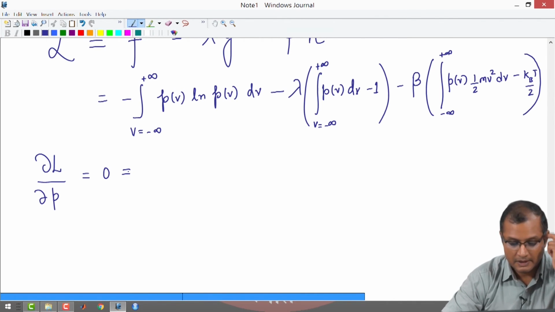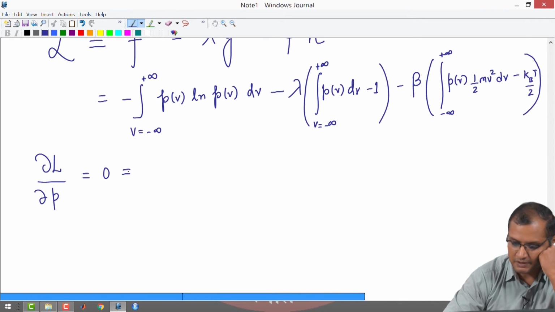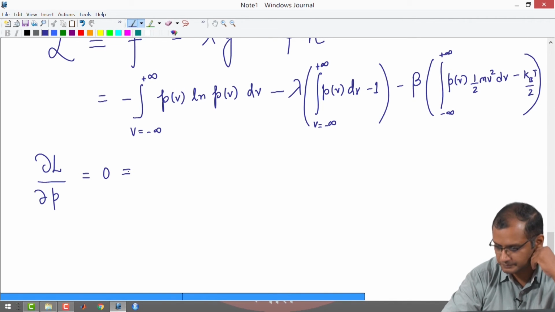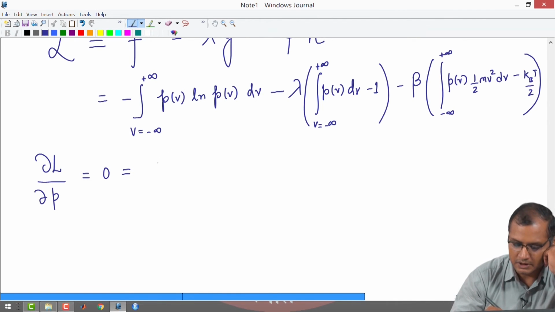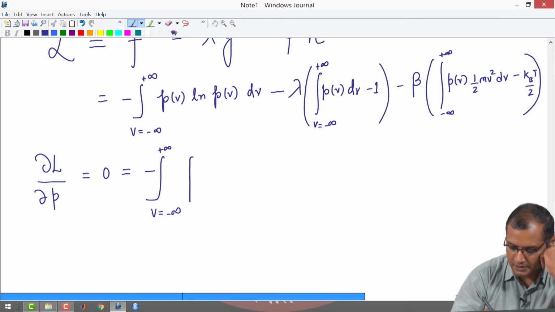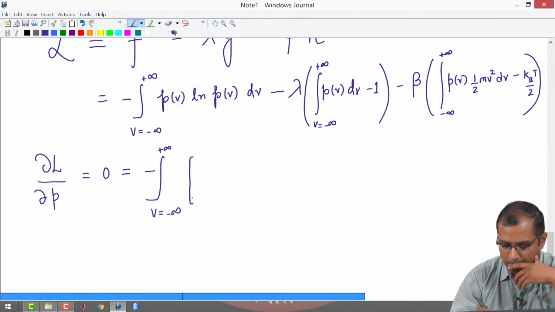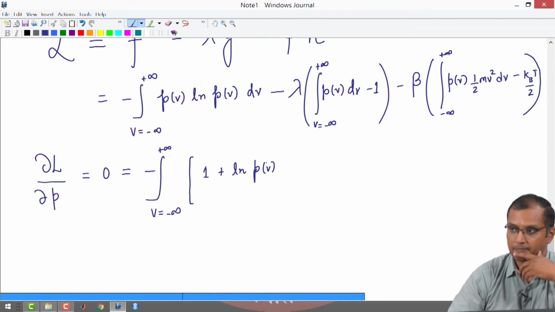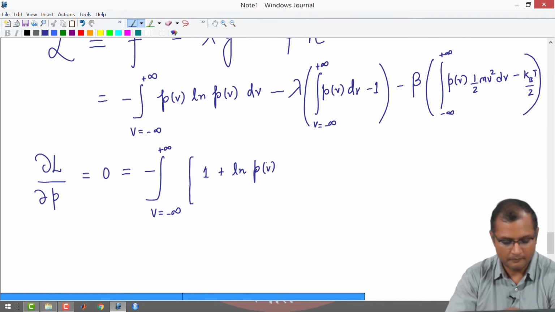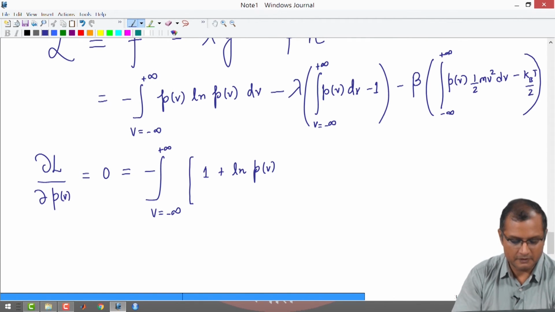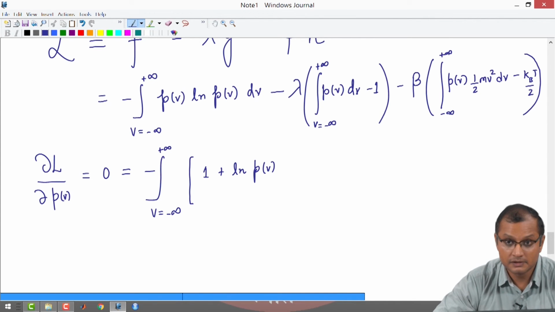If you take the derivative, I am going to write down the entire thing under the integral. From the first term I get 1 plus ln P of v, since I am taking the derivative with respect to P of v.